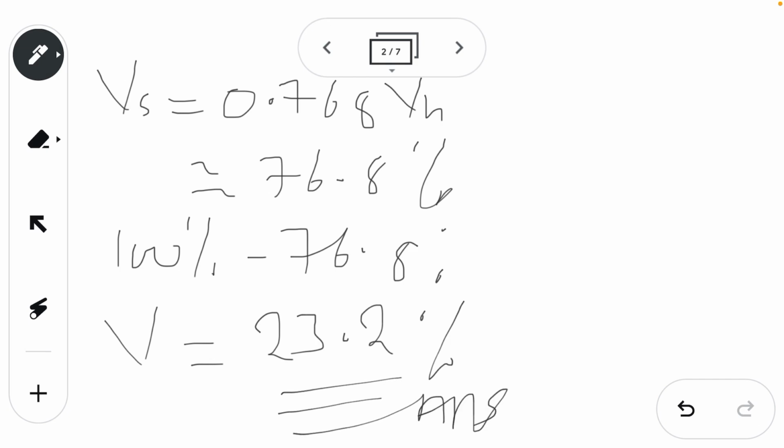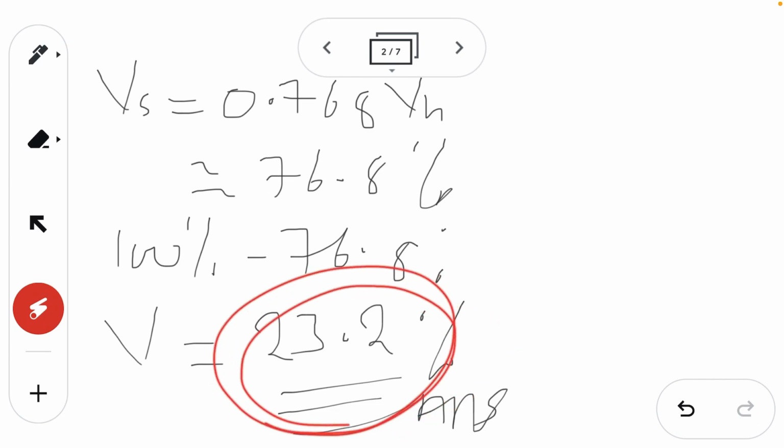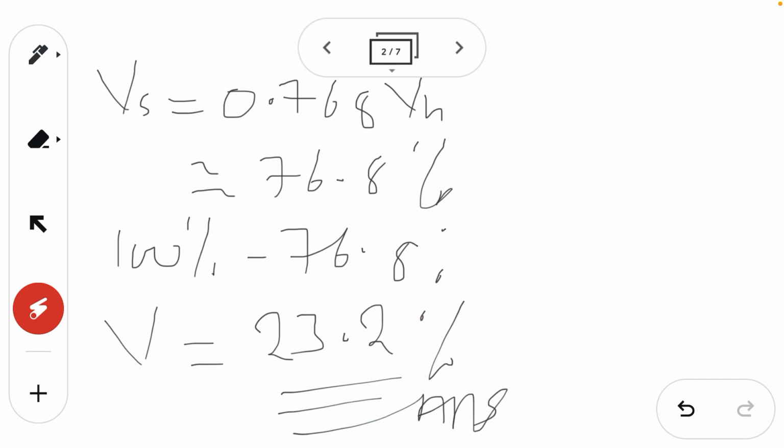So only this amount of this human body is above the surface of the water. The rest, which is 76.8%, is below the surface of the water.